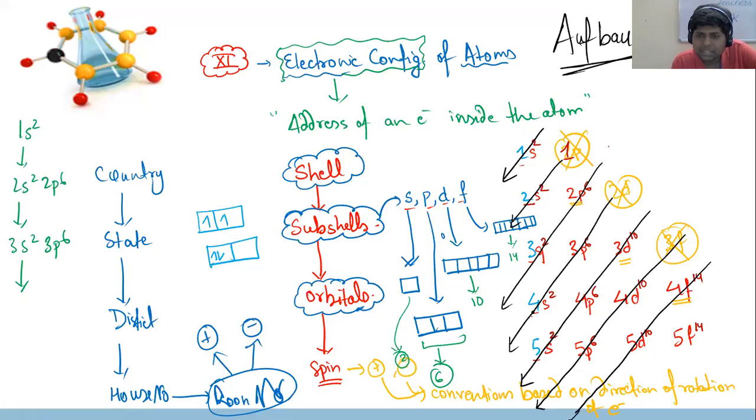After 3p6 there is 4s2, then 3d10. First 3p, then 4s, then 3d. So it means diagonally.